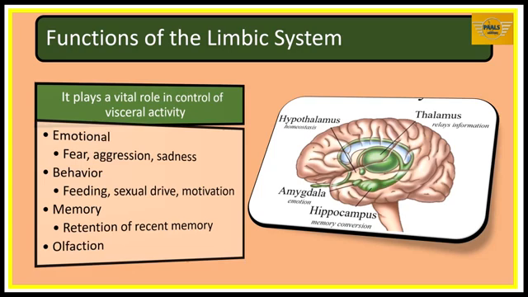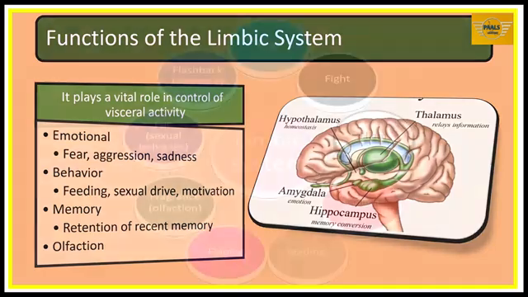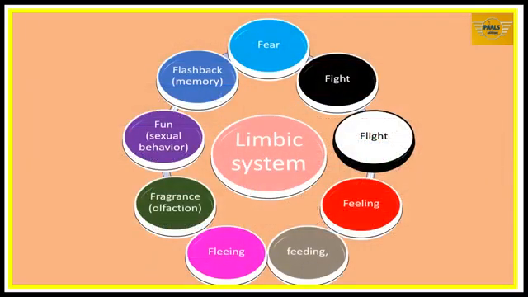It also modulates such behaviors as feeding behavior, sexual drive, and motivation. The system also has a lot to do with memory, retention of recent memory in particular, and it also has to do with olfaction.